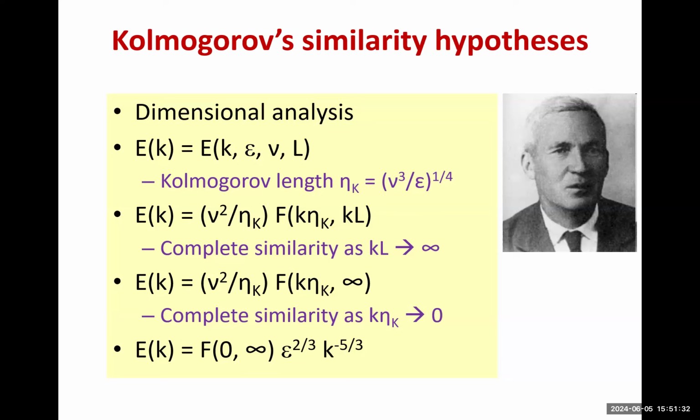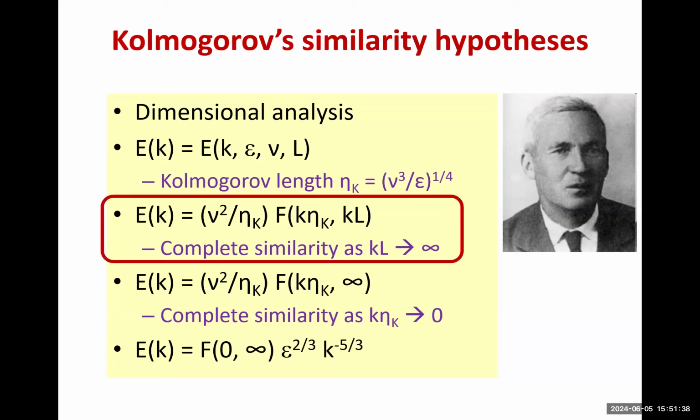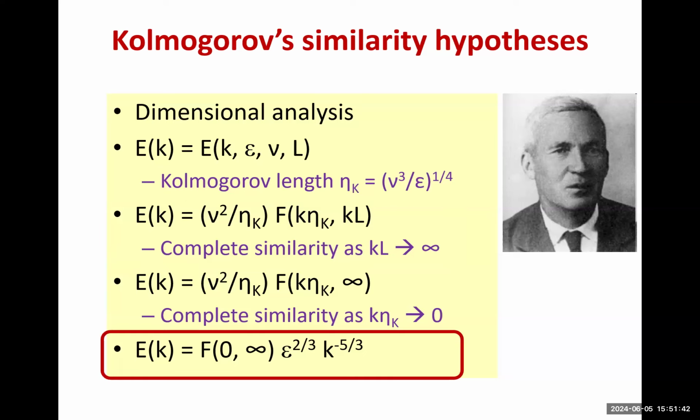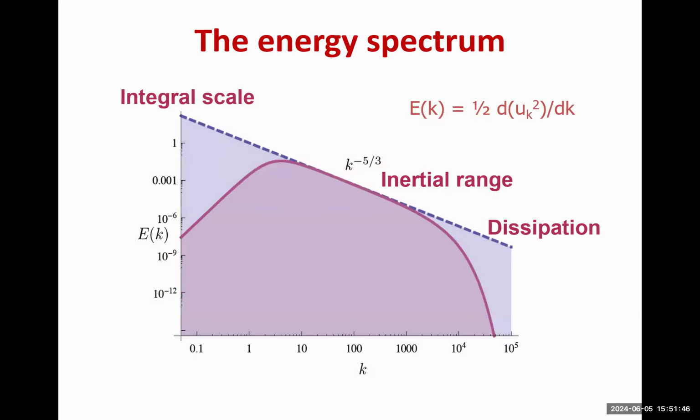And then we take an asymptotic limit and it doesn't exist, and that's called incomplete similarity. So this assumption is one assumption you can make, and you get that. And this is what the data look like. So you have k looking something like this, and this is a power law, and then the dissipation. And that's what people think happens, and that's called the inertial range.